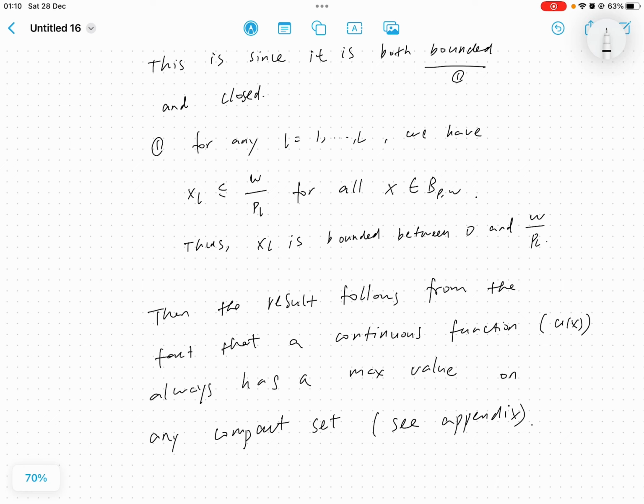So then with this result, next we can focus our attention on some properties of two main objects that emerge from this UMP problem. Okay, so first, the consumer's set of optimal consumption bundles, which is the solution set of the UMP, and secondly, the consumer's maximal utility value, which is the value function of the UMP.